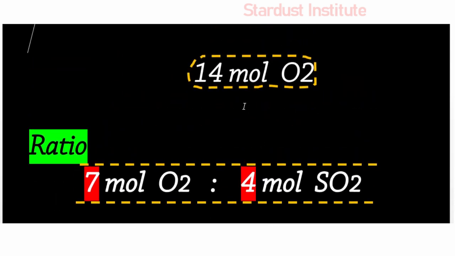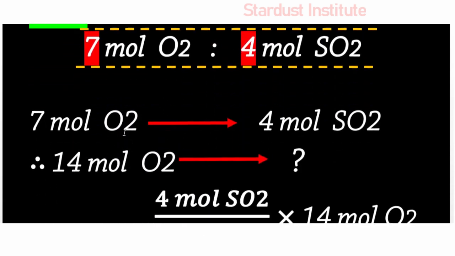Now we have 14 moles of O2. Therefore, we have to find how many moles of SO2 can be produced from 14 moles of O2. If we use 7 moles of O2, we can get 4 moles of SO2. Therefore, if we use 14 moles of O2, how many moles of SO2 can we get?